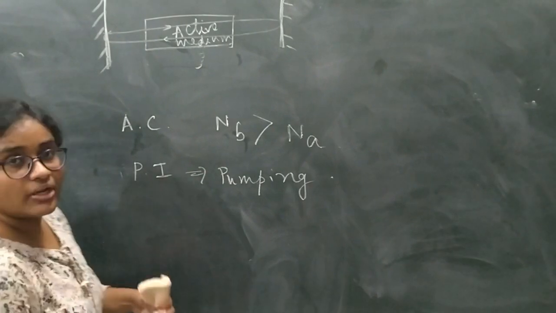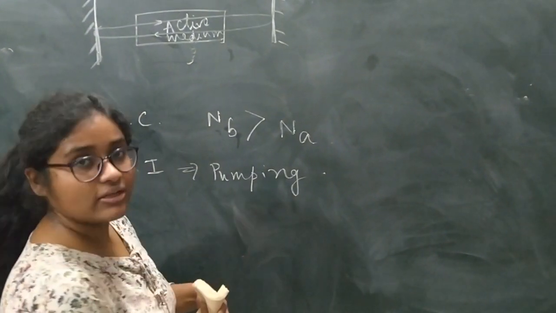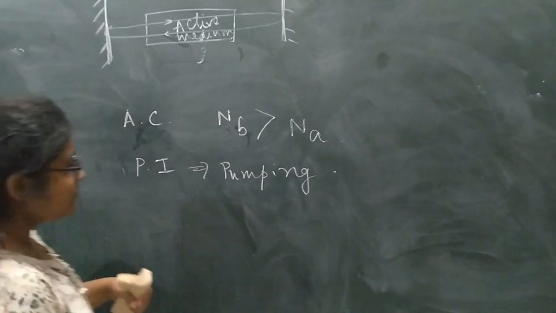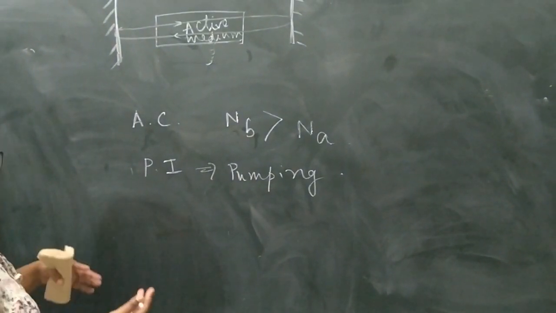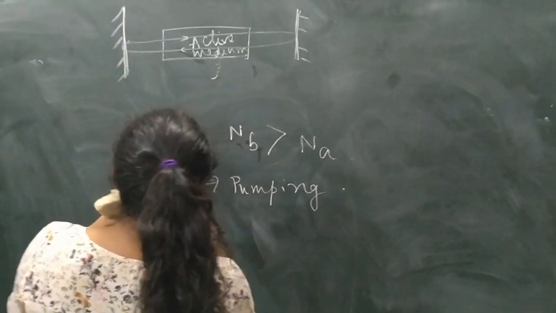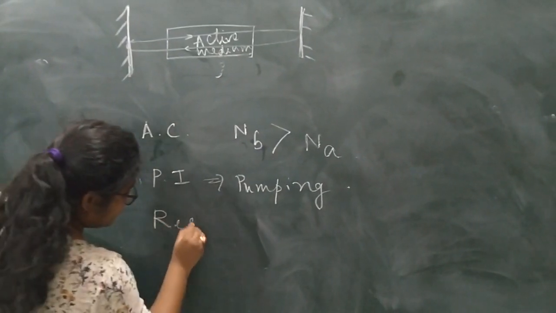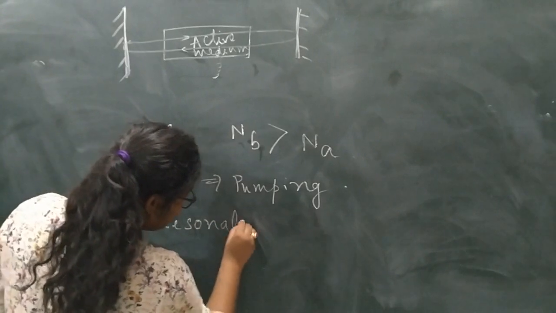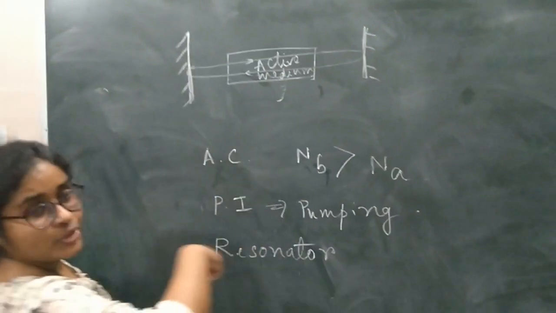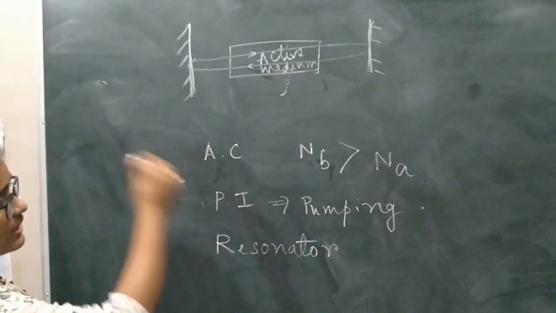The helium will somehow give energy to the neon atom, and it will then give lasing action. We will go into much more detail on this. And the last one is the resonator, which gives a positive feedback to our medium to resonate for the lasing action.